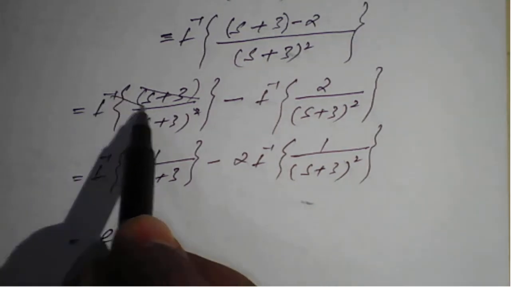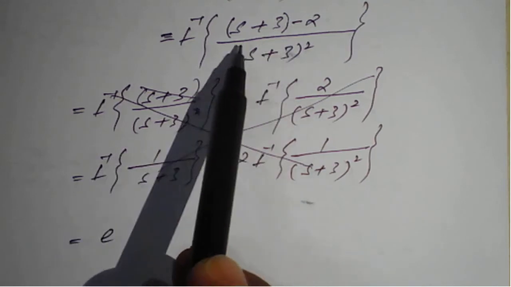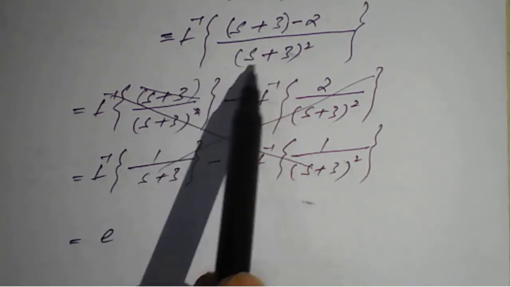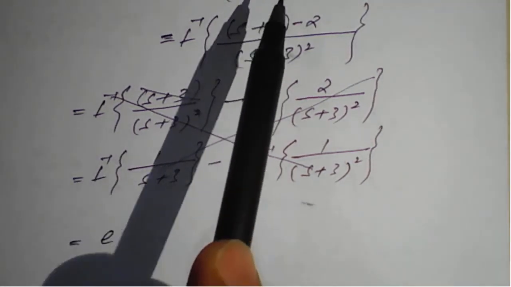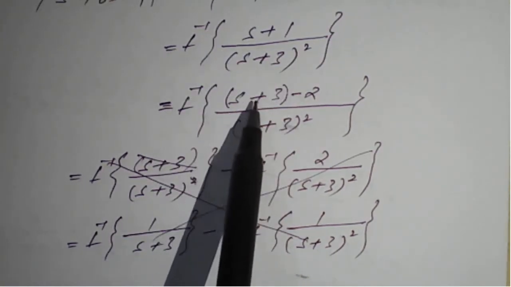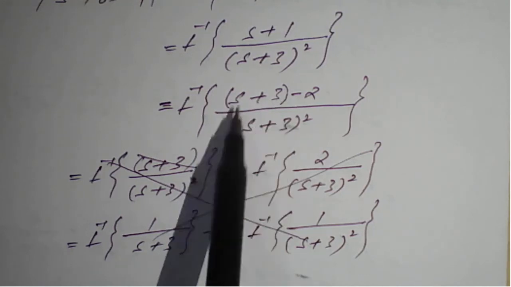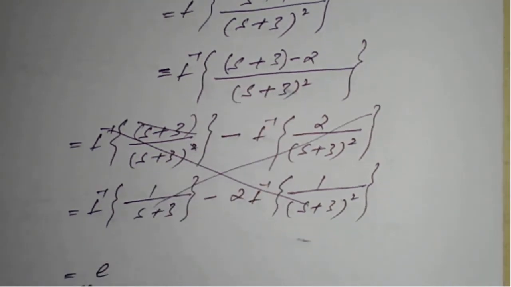so we'll work out like that now. We don't want this step, so we'll go back to the earlier step. Once we have made this arrangement, s plus 1 we have taken as s plus 3 minus 2, and we have made s plus 3 a bracket. Now first we'll apply the shifting property.